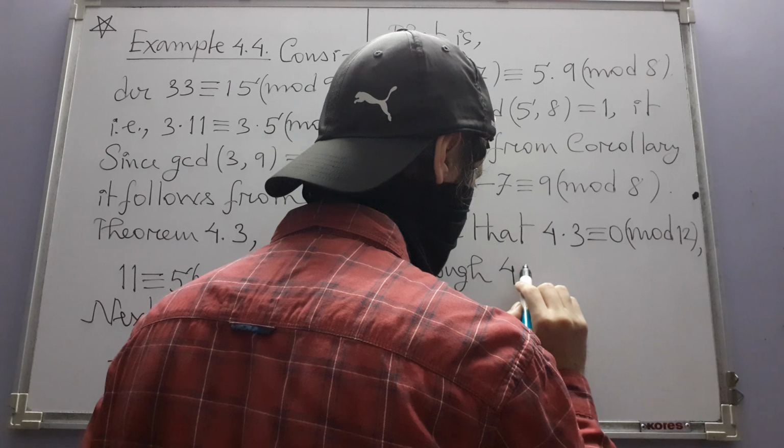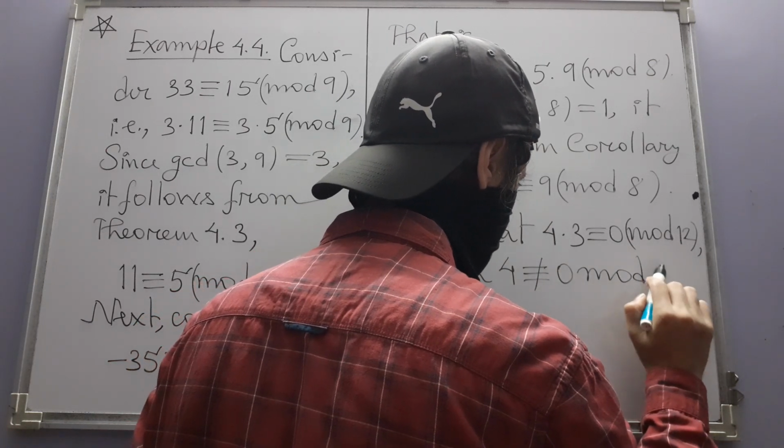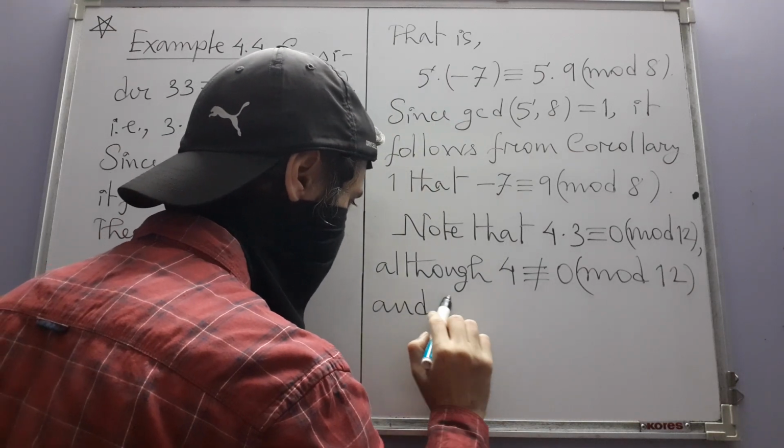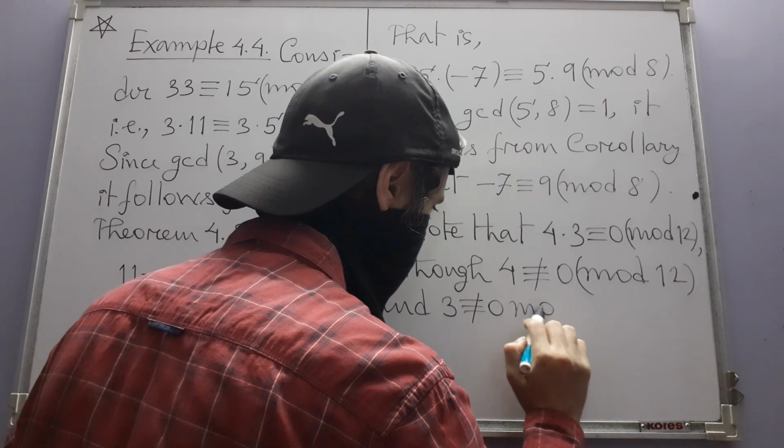That is, 4 is incongruent to 0 mod 12 and 3 is also incongruent to 0 mod 12.